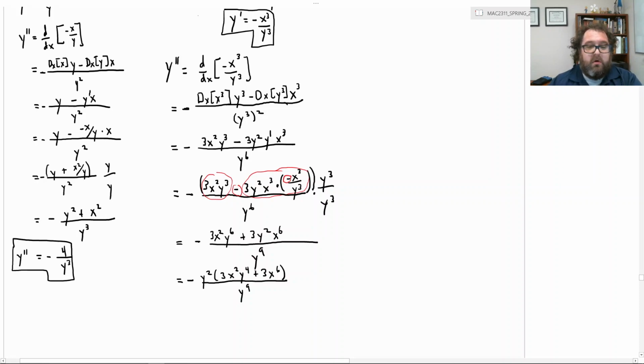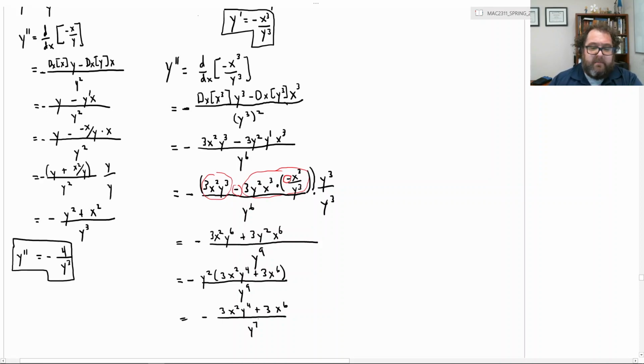And now I can divide out y squared from the top and the bottom, which leaves me with negative 3x squared y to the 4th plus 3x to the 6th over, we canceled off y squared, so that's going to be y to the 7th power.